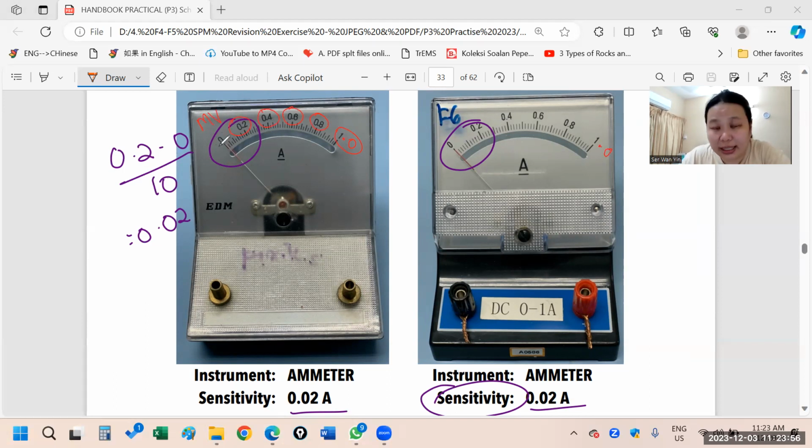If you cannot get it, you adjust your rheostat. Cannot reach 1.0, how? Let's say maximum up to 0.6. Then you can start with 0.1, 0.2, 0.3, 0.4, 0.5.